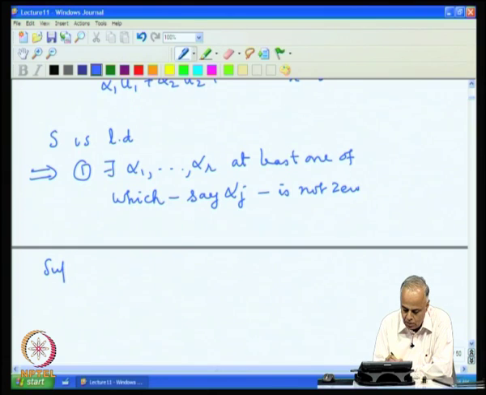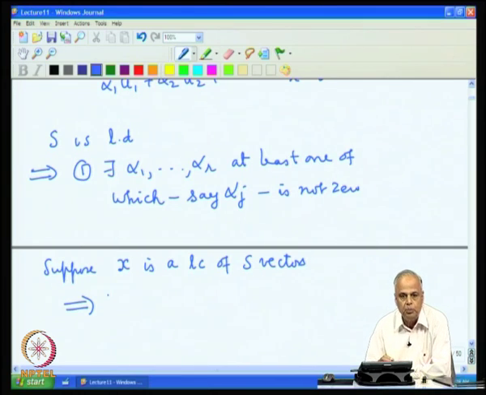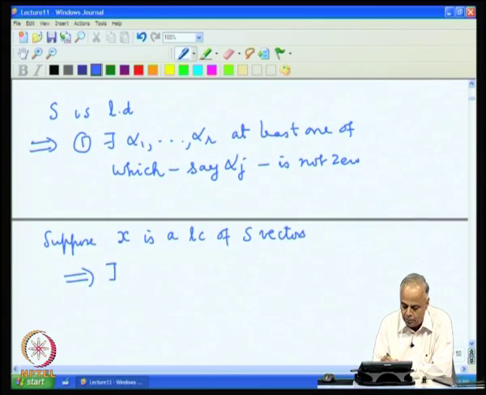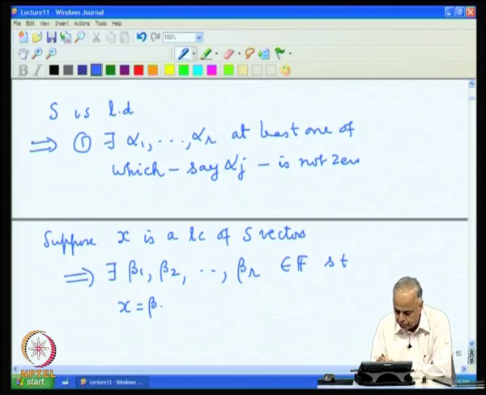Now, suppose x is a linear combination of S vectors. What does that mean? We must be able to express x as a linear combination of the vectors in S. That means there exist beta 1, beta 2, ..., beta r, all these scalars from the field F, such that x is beta 1 u1 + ... + beta r ur.